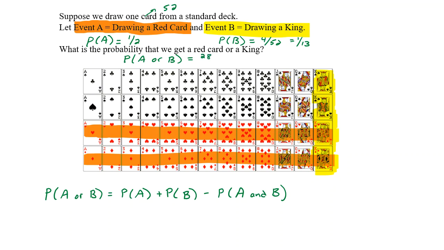I really don't have to use a formula at all, right? If I can visualize the sample space and just count the number of outcomes, I would get 28 out of 52, which would reduce down. Let's see if we divide by 2. We could probably divide by 4, huh? Divide by 2, divide by 2. I would get that.